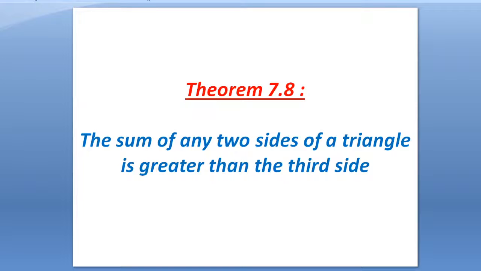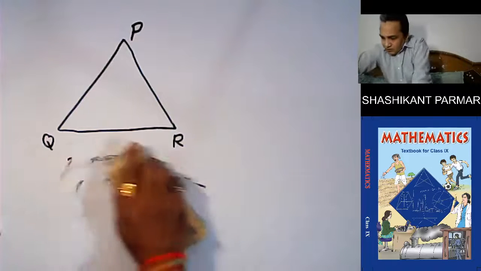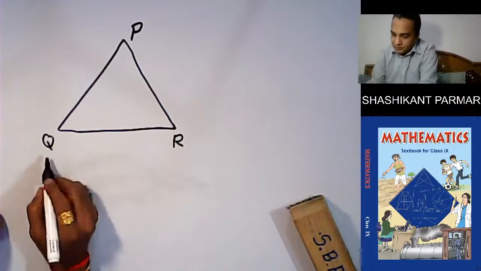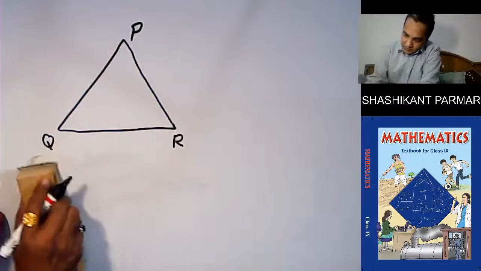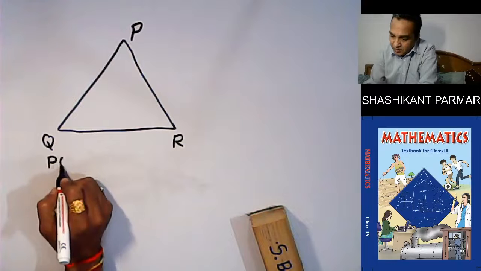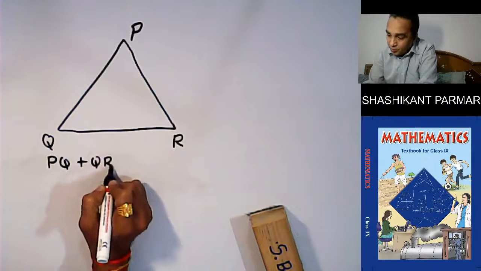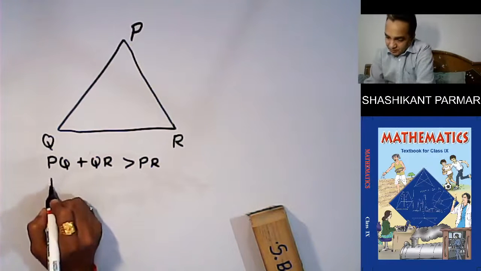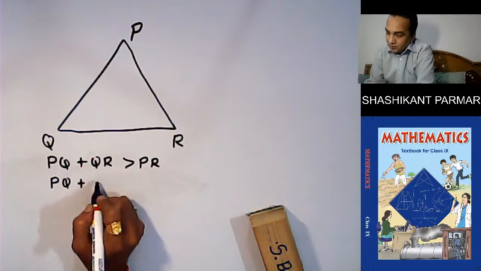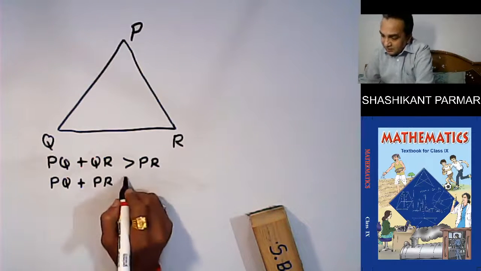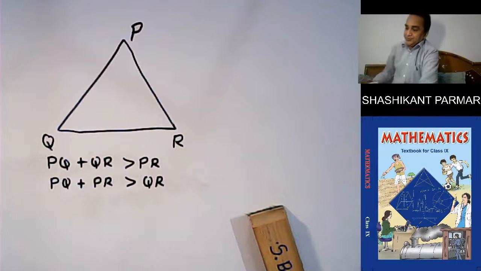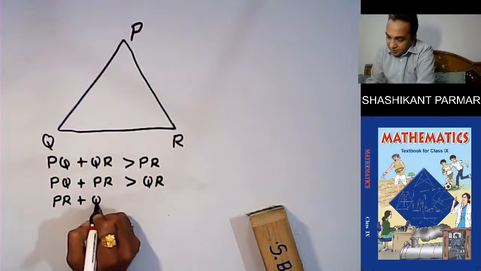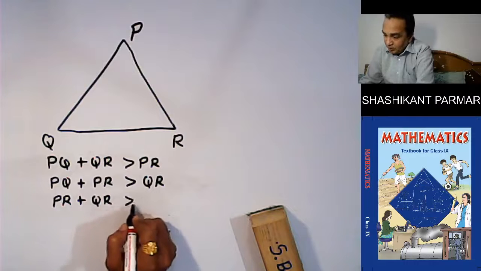So for this triangle, PQ plus QR is always greater than PR, PQ plus PR is always greater than QR, and PR plus QR is always greater than PQ.